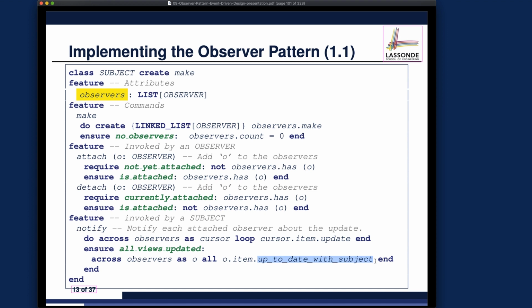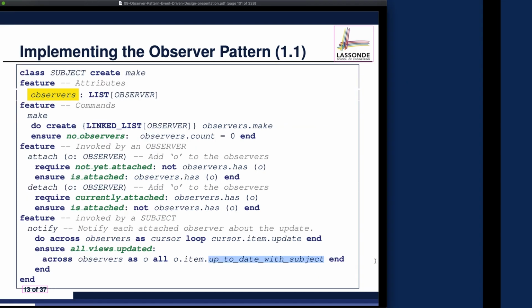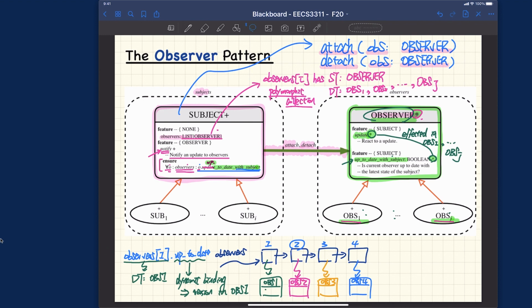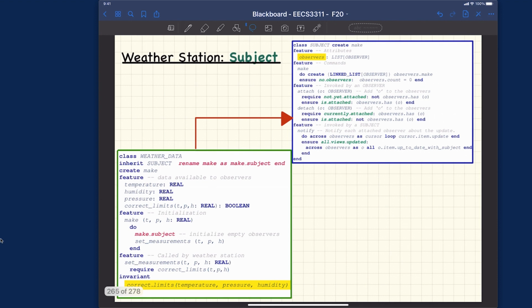Let me now go back to the iPad and talk about this very quickly. What I would need is to make a copy of this particular diagram so we can talk about those 2 lines of code. So again, this part over here, we got subjects.